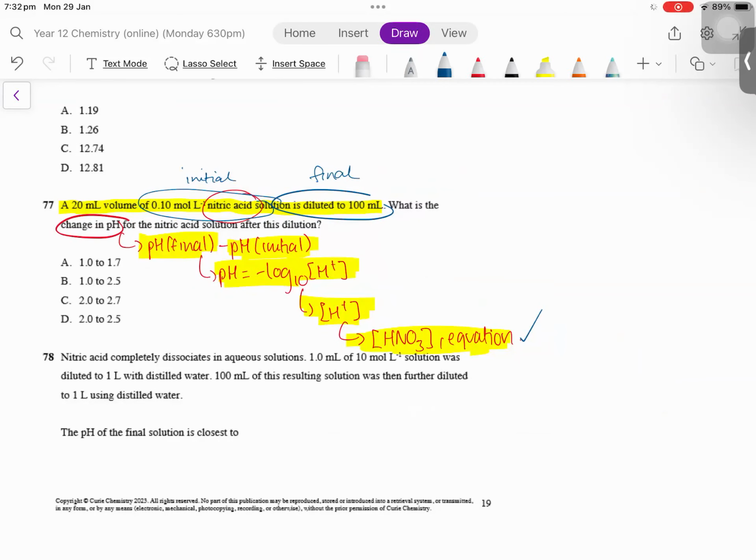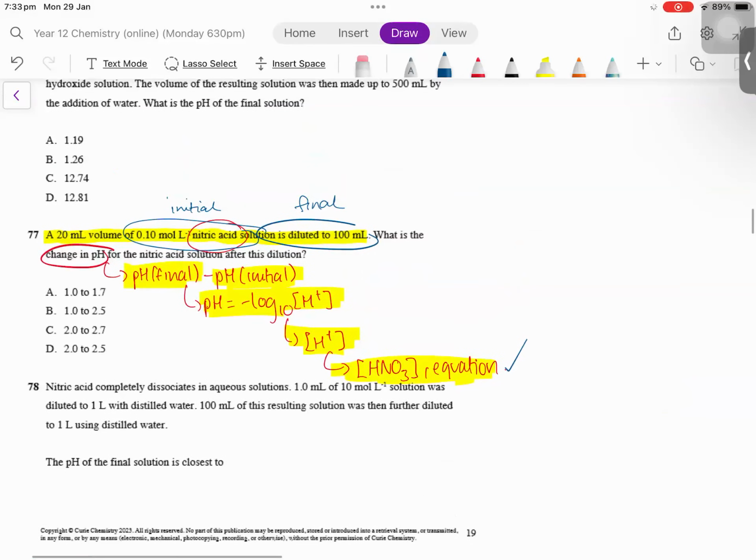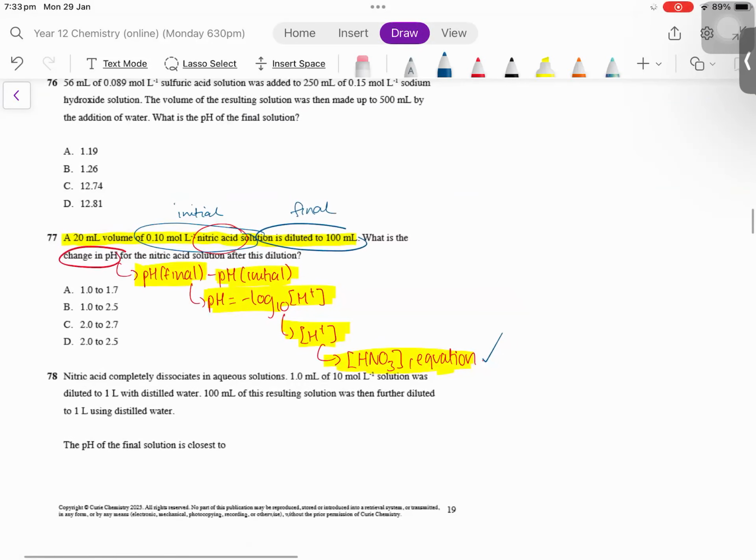Samra, what's the equation? What's the dissociation equation for nitric acid? Arez, what's the dissociation equation for nitric acid?